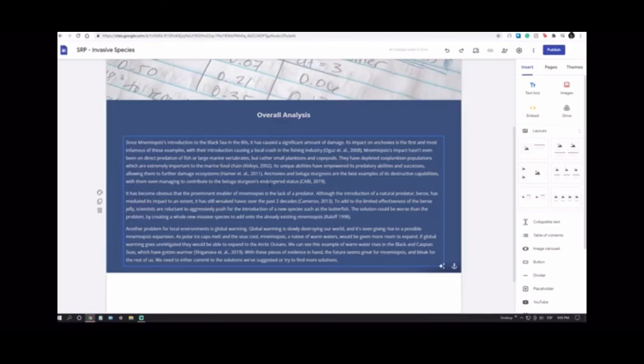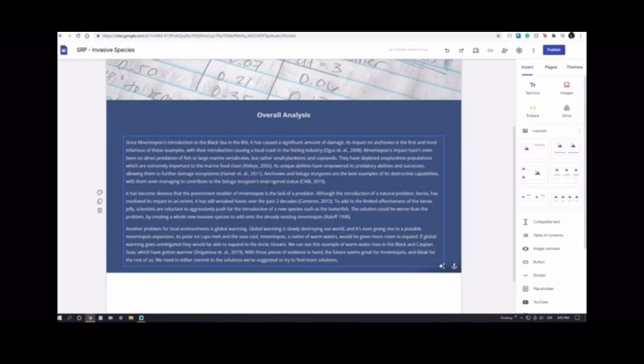And another problem to add on to it, a bit more existential, is global warming, which is slowly destroying our world, but also giving Mnemiopsis a chance to destroy local environments. Since polar ice caps will melt and the seas will cool, Mnemiopsis would be able to thrive in the now warm waters.